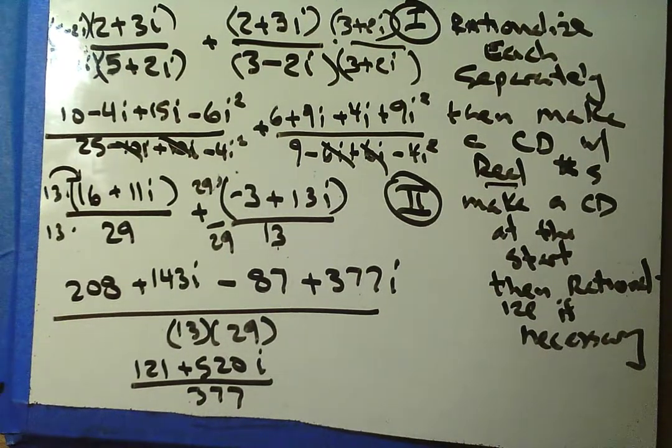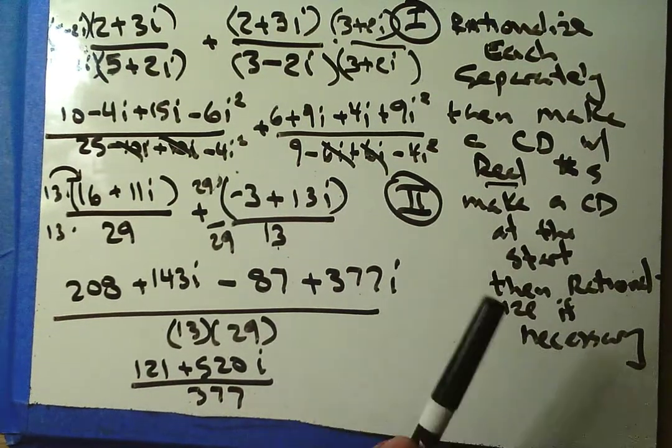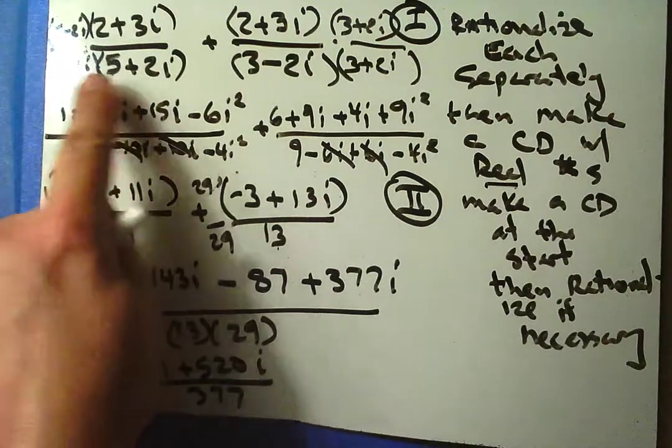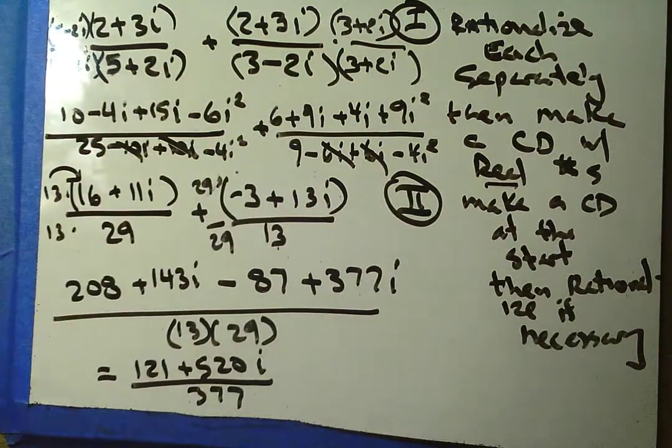Okay, so there's my answer, and that's my answer by rationalizing and then making a common denominator. But we could try making a common denominator first and then rationalizing if necessary. And I bet it will be necessary in this case because these original denominators are not complex conjugates.